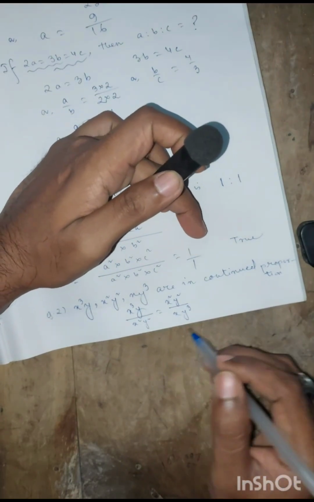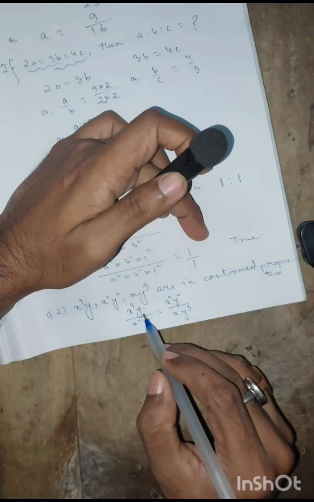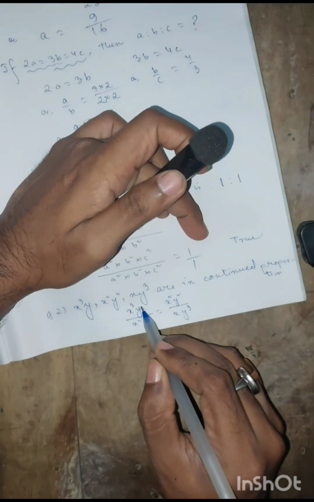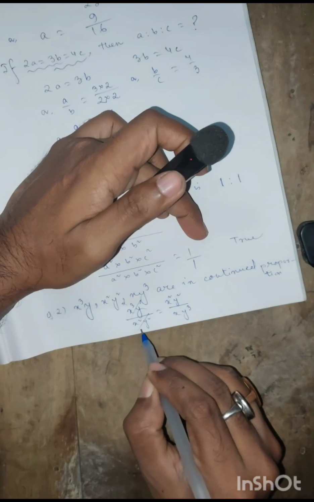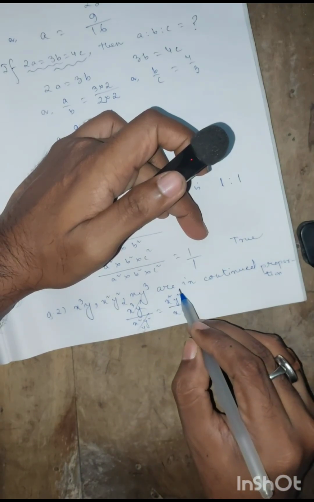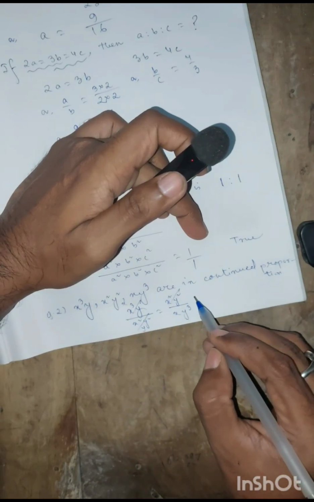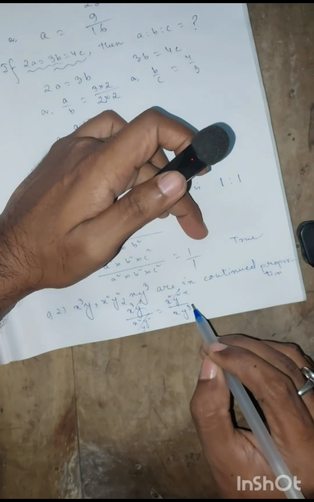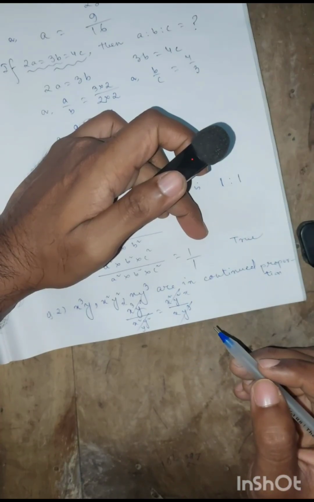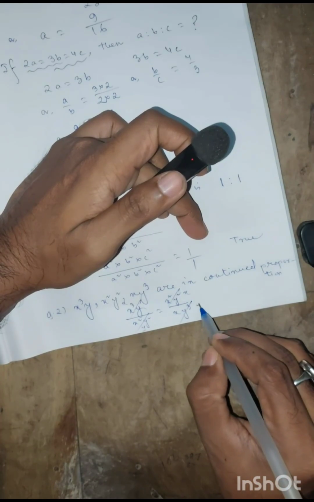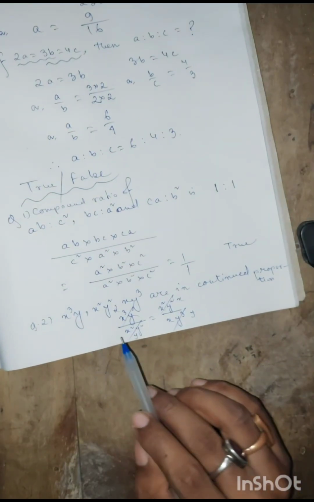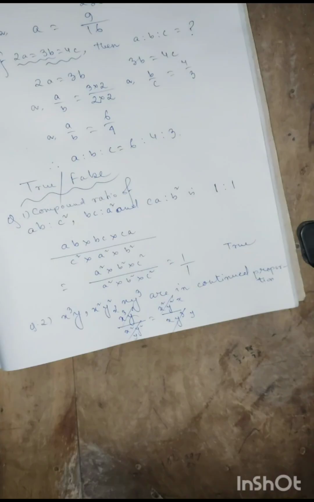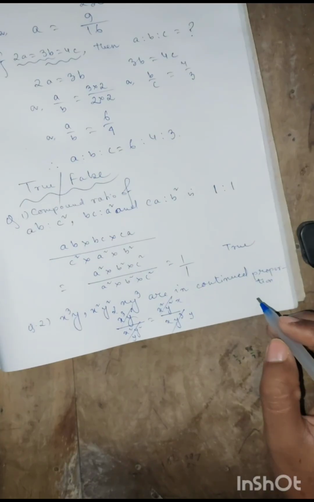Let us check whether they are equal or not. So this is equal to x by y. This side is also x by y. So the left side is equal to right side. So they are in continued proportion. So this is also true.